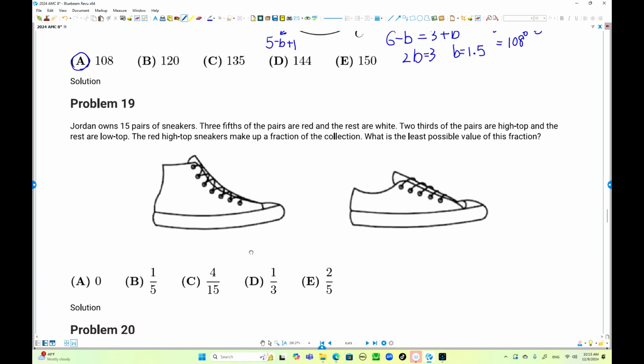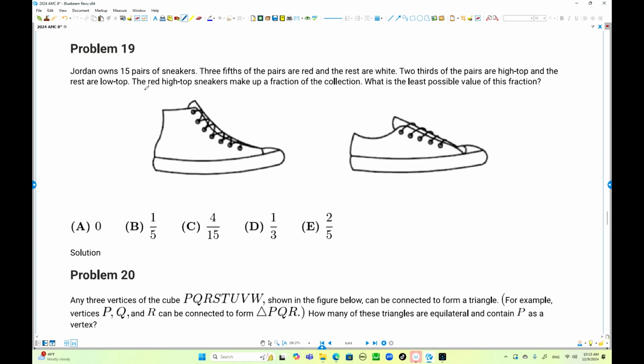Here is number 19. Jonathan owns 15 pairs of sneakers. Two-thirds of the pairs, 15 times 2/3, is 10, and they are high tops. 9 of them are red.